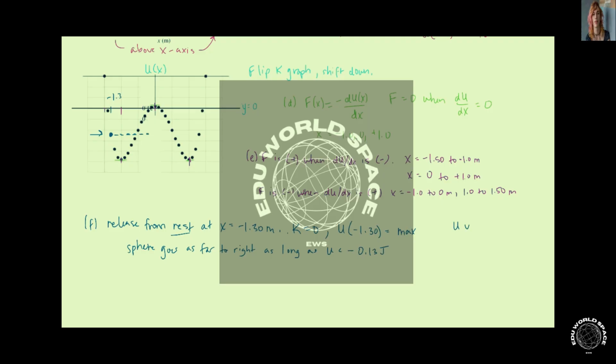So basically our U values: subtract 0.14 from our kinetic energy values and then make them negative. I realize my grid lines are a little bit off, but this value here is negative 0.5. So we're going one data point before that. So our maximum x is going to be negative 0.6 meters. Our sphere simply doesn't have the energy to get beyond that.